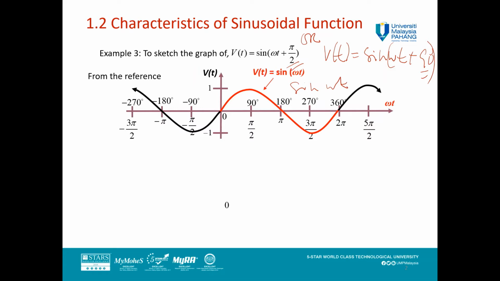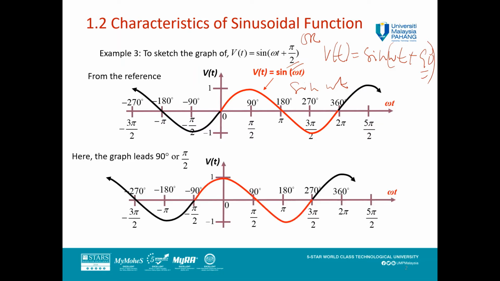Now how do we get the equation v(t) equals sin omega t plus 90 degrees? It means your graph, with plus, is leading. Plus means leading, so here the graph leads by 90 degrees or pi over 2. From zero it will shift to this side by 90 degrees.